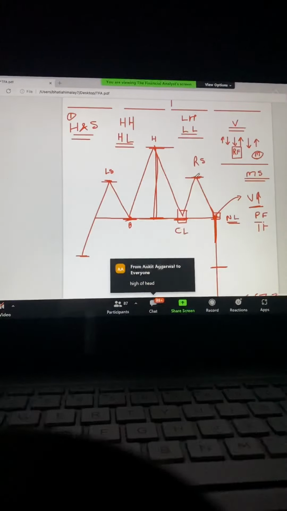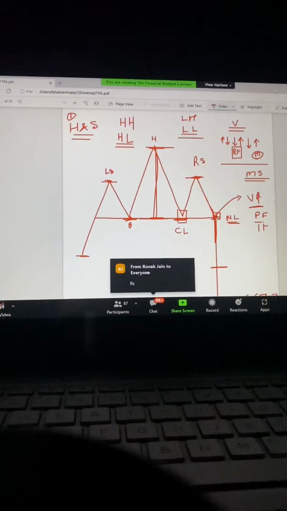If the trader is shorting at the right shoulder, where will my SL be? Above the head. Perfect. If I'm shorting at the breakdown, where will my SL be? Above the right shoulder.